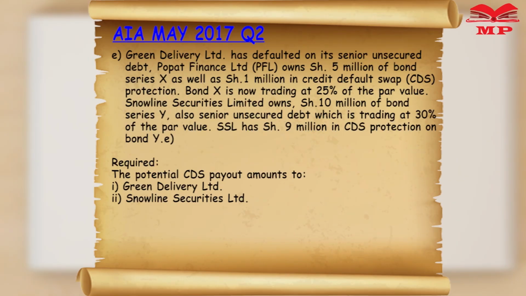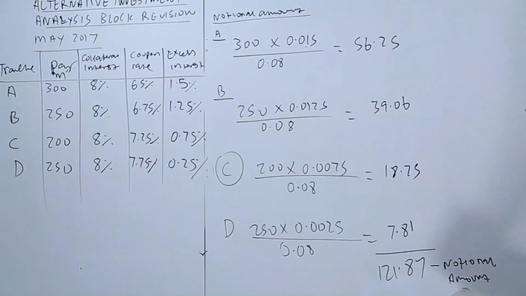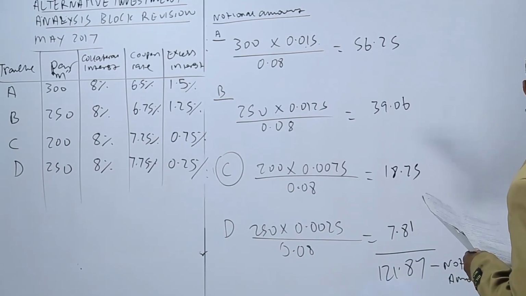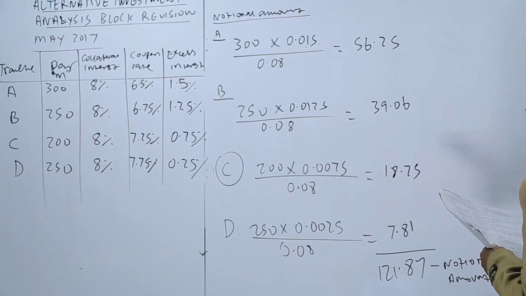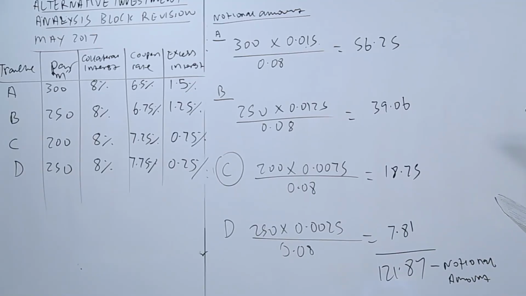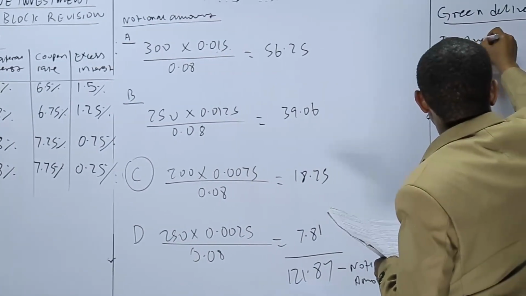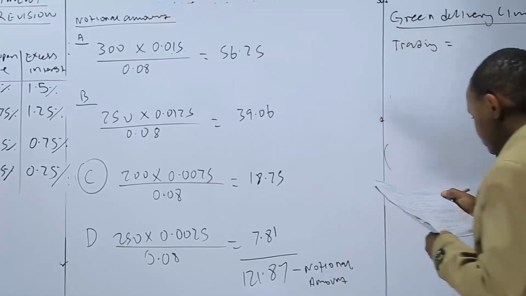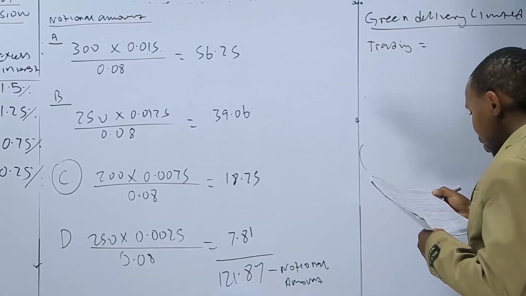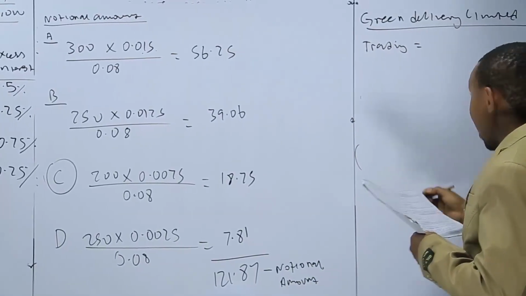So we can work it out very simply. We start by working out the Green Delivery Limited CDS payout amounts. Bond X is now trading at 25% of the par value.